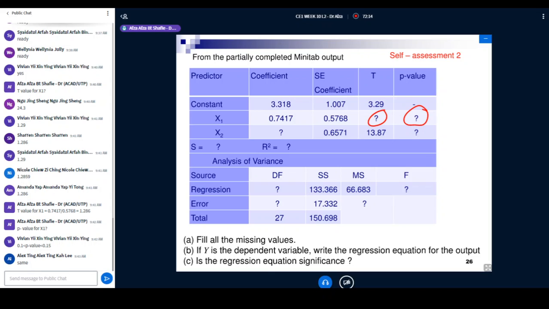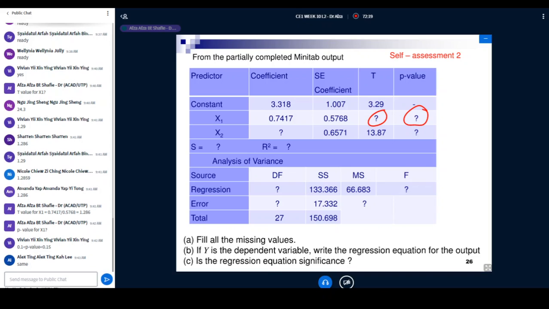The p value is actually 0.2 and 0.3, because you forgot to multiply by 2, because this is a two-sided test.